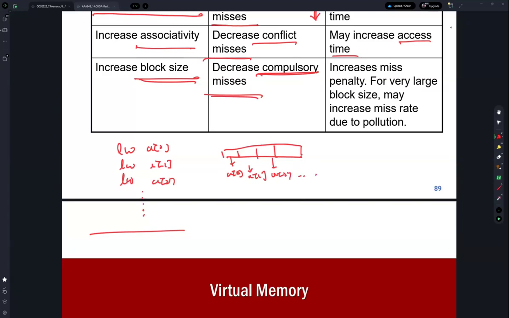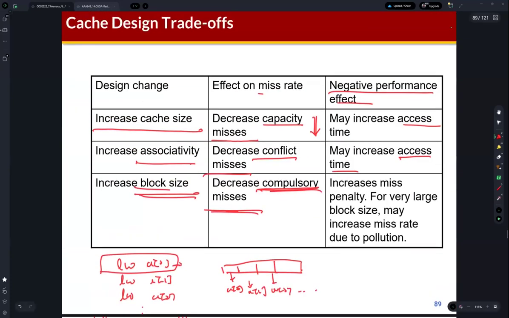So actually, the first load will cause a cold miss, but then we can observe hits, right? So if we increase the block size, then we can reduce the cold misses.